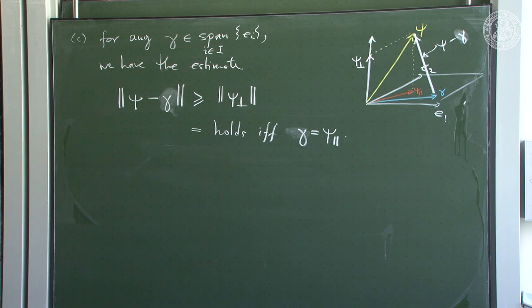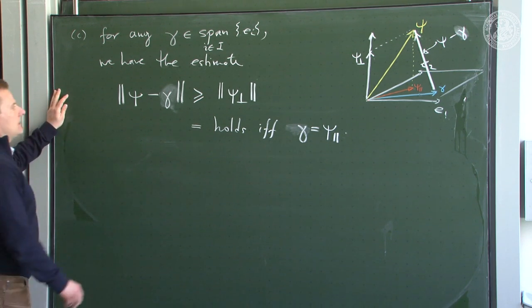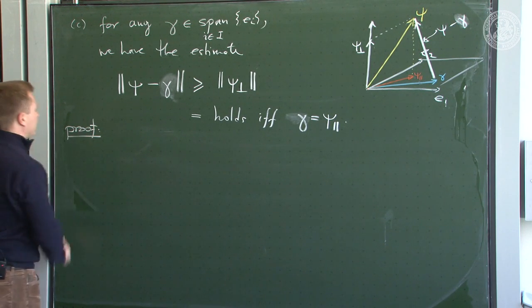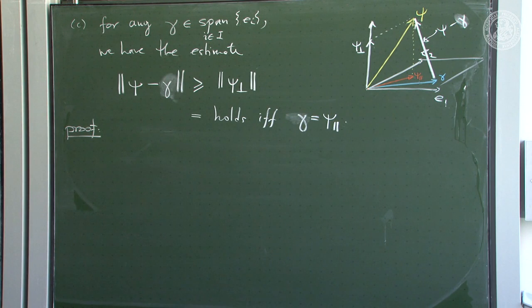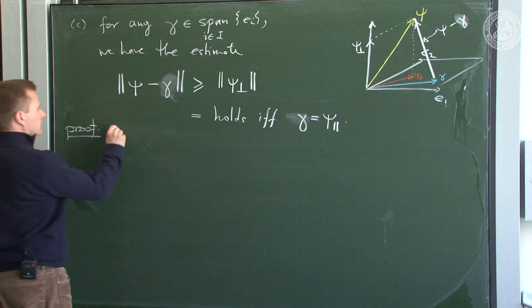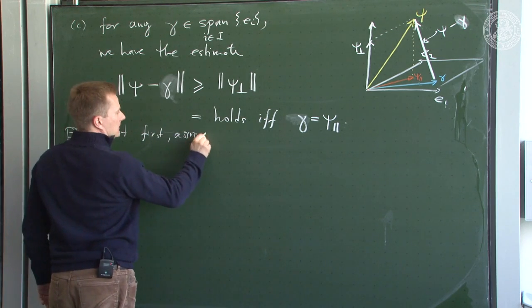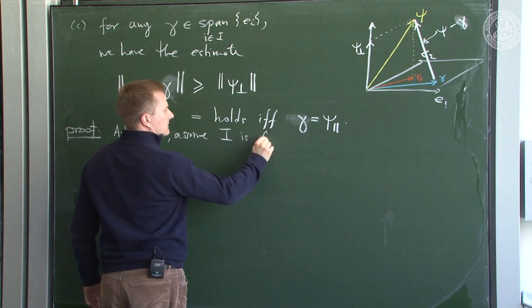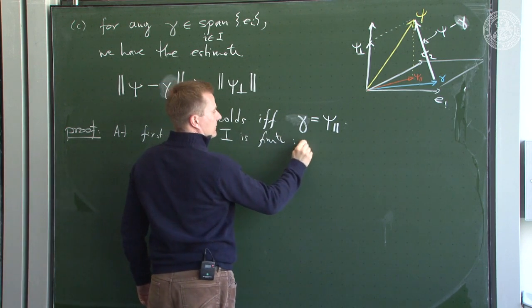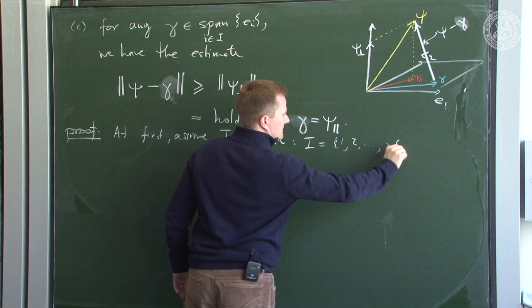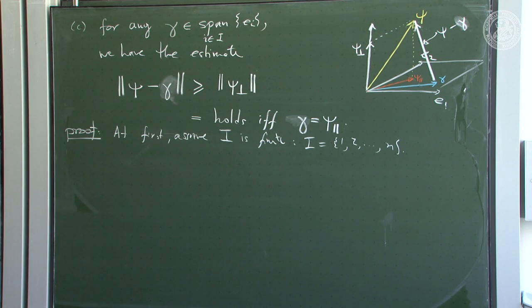So let's prove the whole thing. Let's start in the beginning. And, well, actually, the proof is extremely simple because at first, assume I is finite. And then, of course, we may assume that I just goes up to some number n. That's the index set.